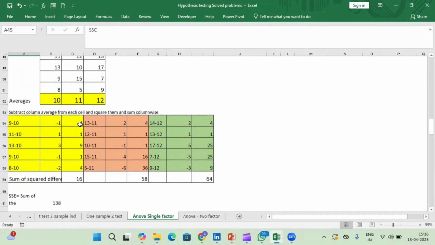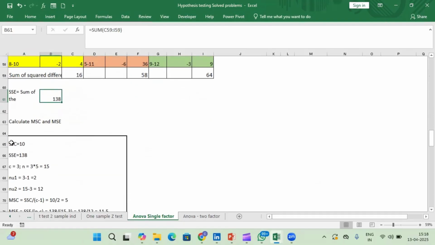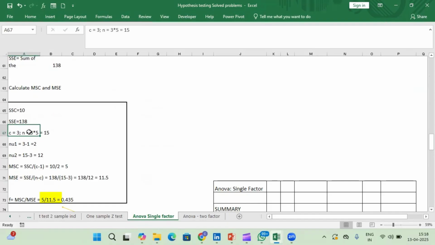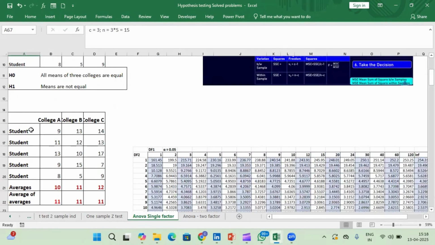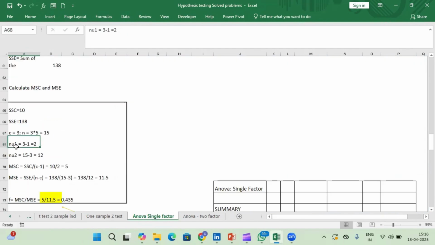SSC was 10, SSE is 138, and C is equal to 3, because there are 3 colleges, columns 3. N is equal to 3 into 5. There are 5 students taken, 3 into 5 is 15. The degrees of freedom, nu, is C minus 1, that is 2.